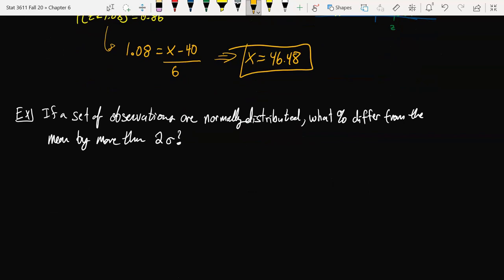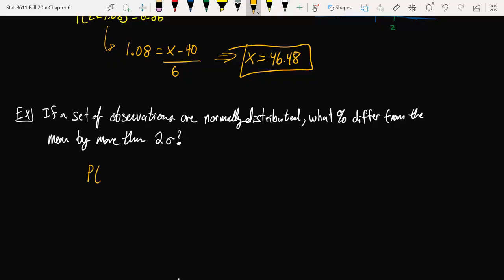Okay. Let's think about what we're asking here. If a set of observations are normally distributed, what percentage differ from the mean by more than 2 sigma? We don't even really know what normal distributions we're talking about. We don't know the exact mean, and we don't even know the exact standard deviation, right? So in general, just sort of think about what this is.